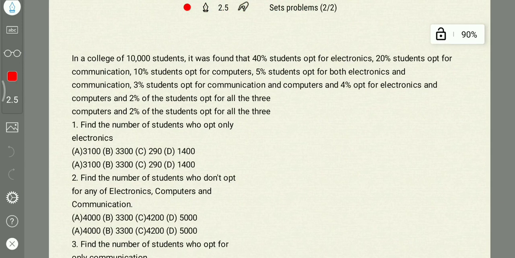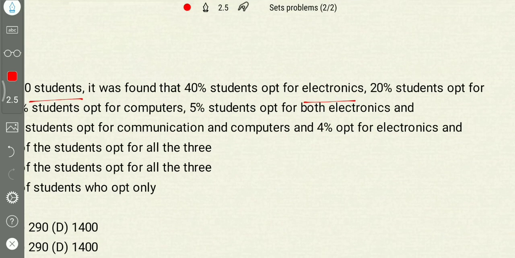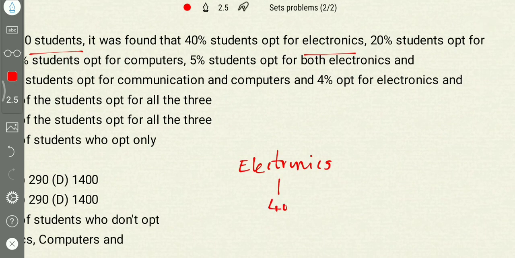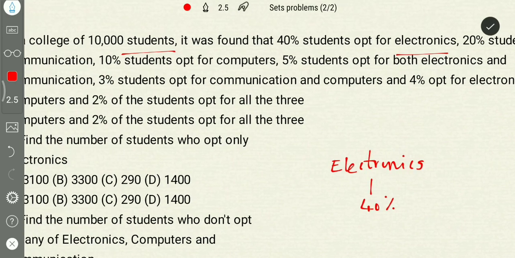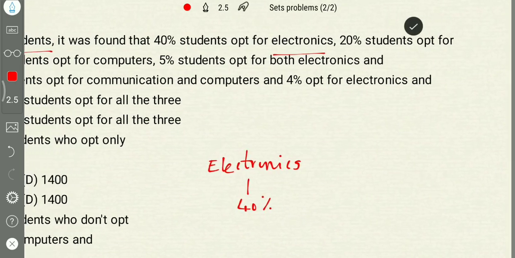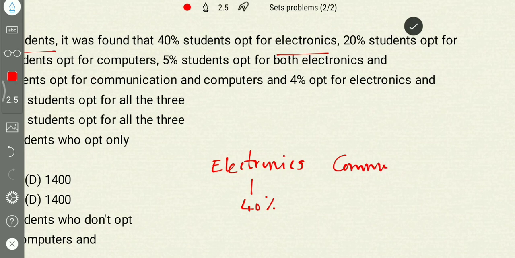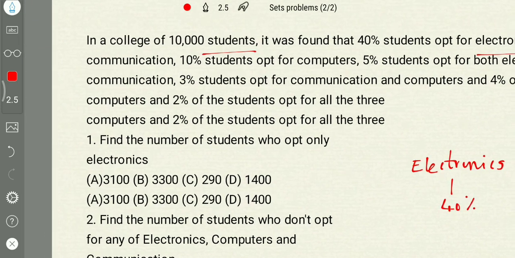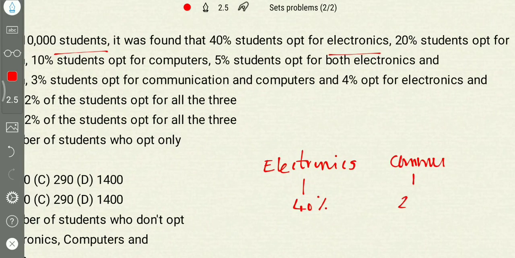Next one. In a college of 10,000 students, it was found that 40% students opt for electronics. Let me write here. There are branches: electronics, and 20% students opt for communication. 40% opt for electronics, and 20% students opt for communication. How many students opt for communication? 20% students opt for communication.